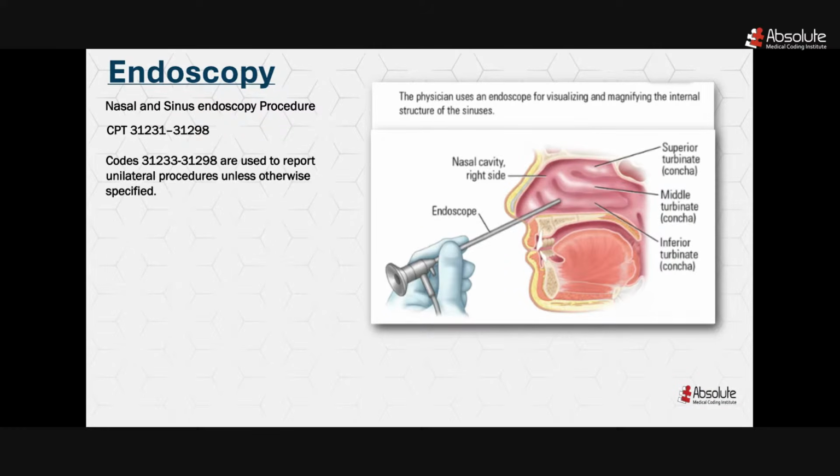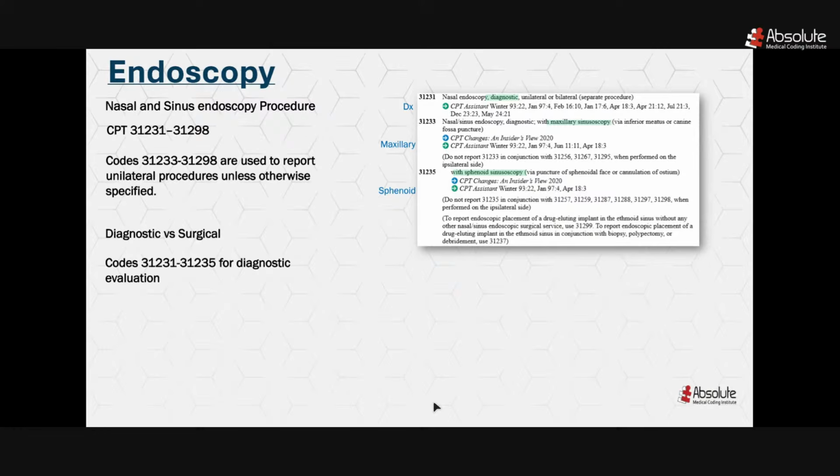That is a very important point, and better you chunk it as well. Now before we jump into the individual codes, CPT makes an important distinction whether the endoscopy is diagnostic or a surgical endoscopy. Let's start with the diagnostic nasal and sinus endoscopy.